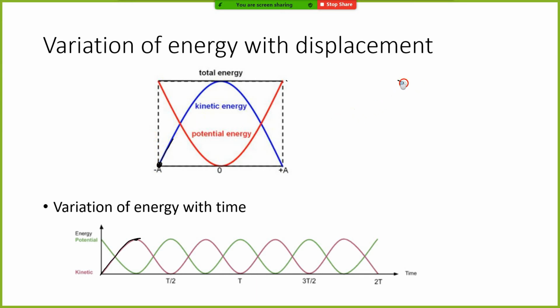Let me just use this as the example because I think it would explain it a little bit better. So here we have the object coming from the amplitude, so that kinetic energy is now at the central point, which is the equilibrium, where we say that kinetic energy is at its maximum.